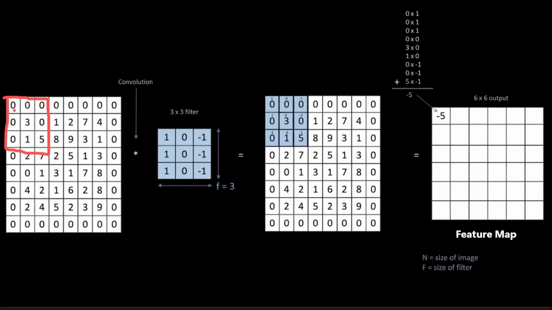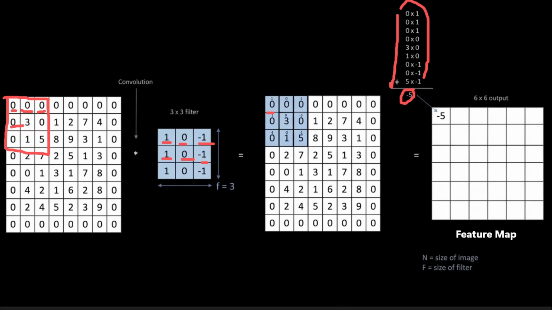For example, 0 into 1, 0 into 0, 0 into 1. We'll multiply each element of the pixel with each element of the filter, and we'll add the resultant multiplied values like this. We'll have one single value.